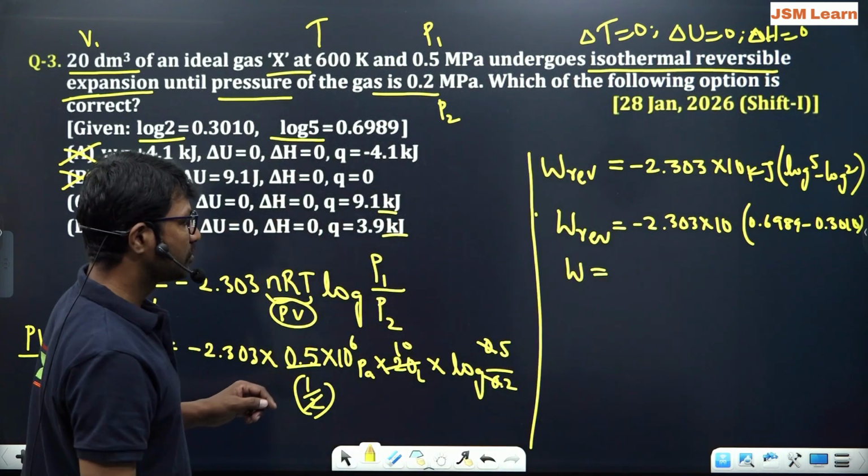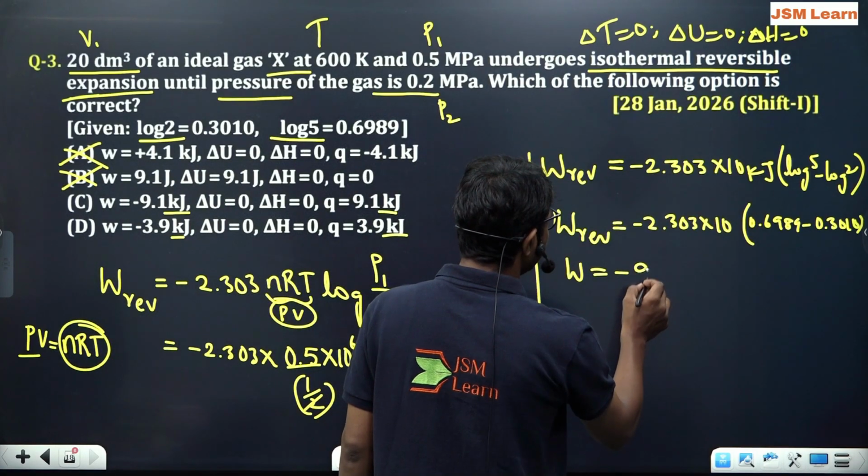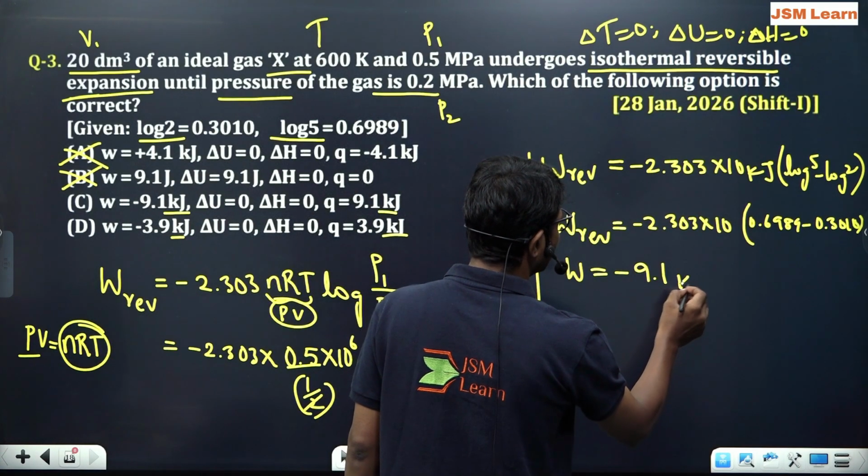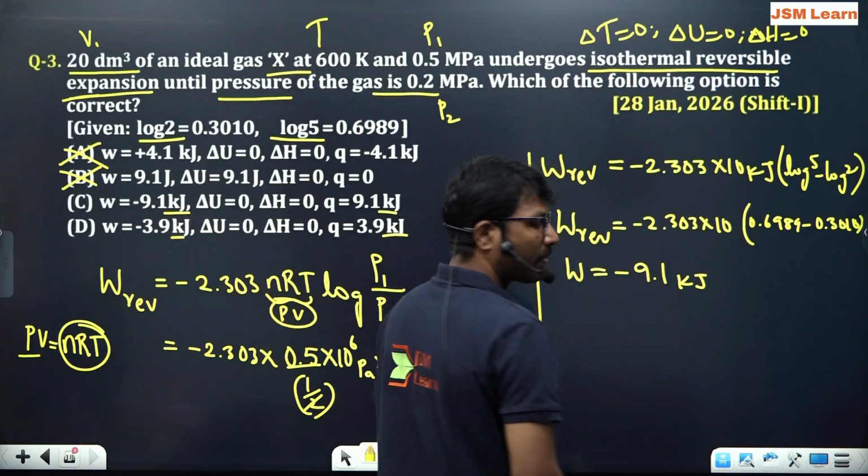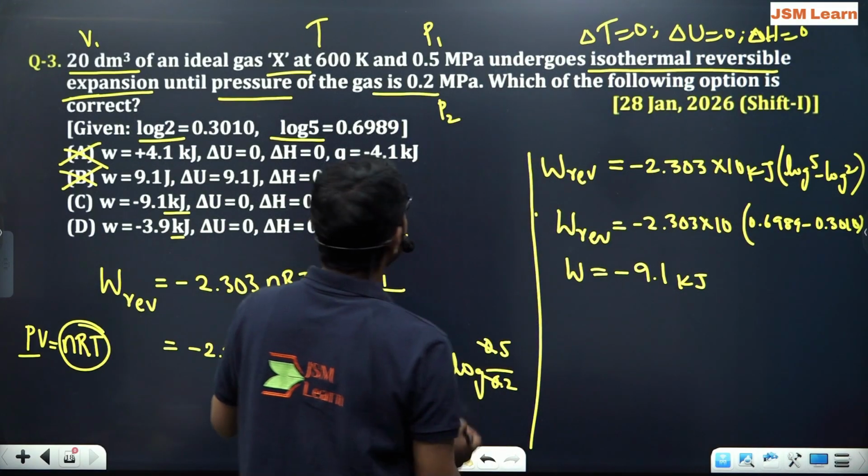On simplification of this, you will get the value as minus 9.1 kilojoules.